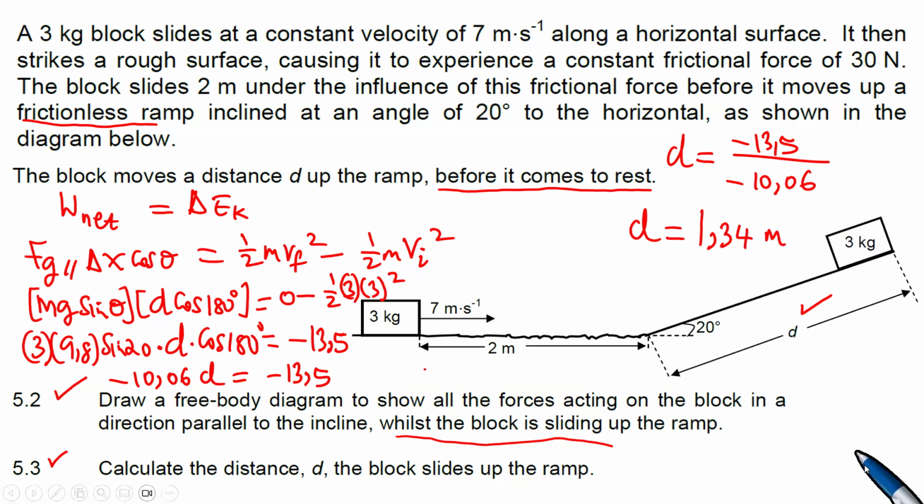So now think about this, because we have to calculate the distance D such that the block slides up the ramp a distance of exactly 1.34 meters up the ramp.